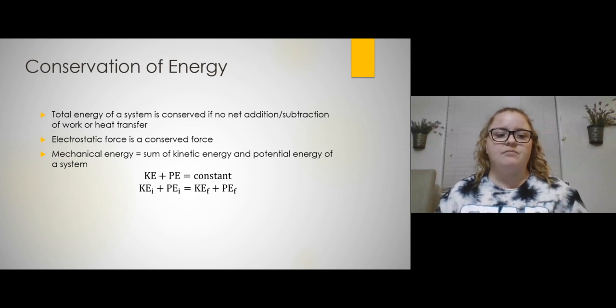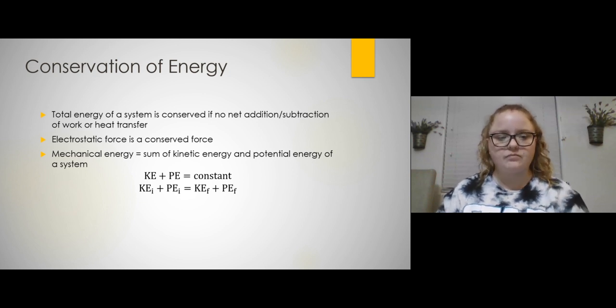So just a reminder, the total energy of a system is conserved if no net addition or subtraction of work or heat transfer is introduced. And we know that electrostatic force is a conserved force, so it will follow this same conservation.